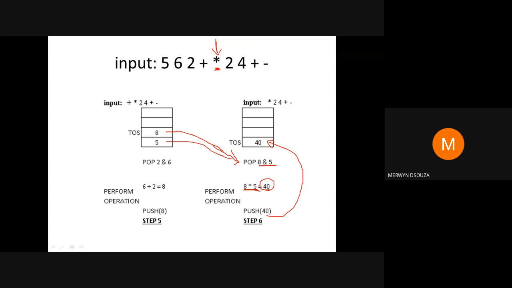Remember, when you pop this, nothing remains, it becomes empty. So when you push this answer back, 40 comes here. This is index 0. You can always write the index in all the diagrams.